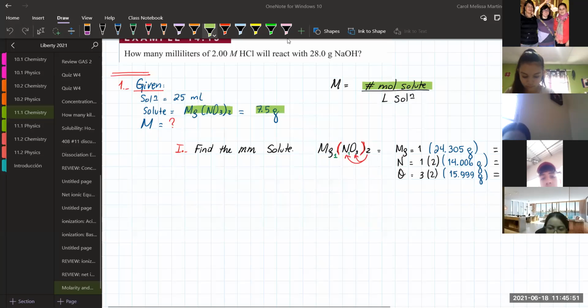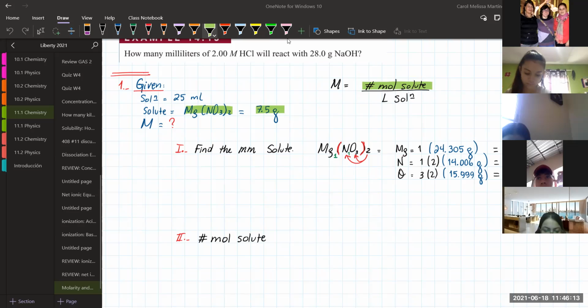So right now that I found the molar mass of the solute, I need to find the number of moles. So that will be my second step. Number of moles of solute.